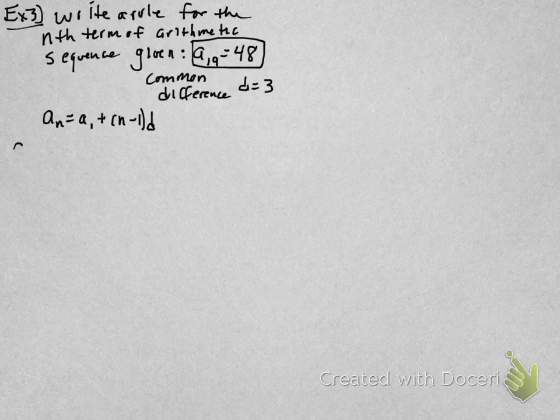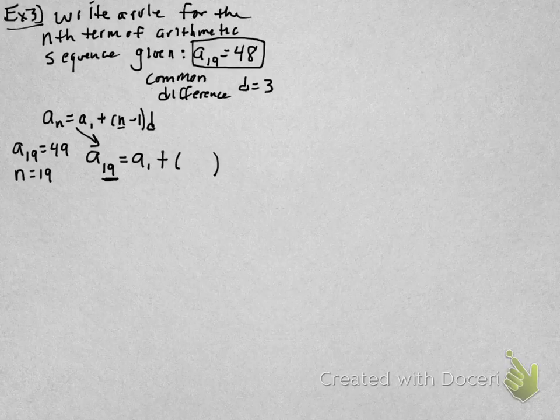Or in other words, if I have a sub 19 equals 48, that means when n equals 19, I get an output of 48. So I'm going to use this formula, and instead of a sub n, my 19th term, or a sub 19, is going to be equal to a sub 1, which I still don't know, plus, since I'm plugging in 19 for n, 19 take away 1, times the common difference, which is 3.